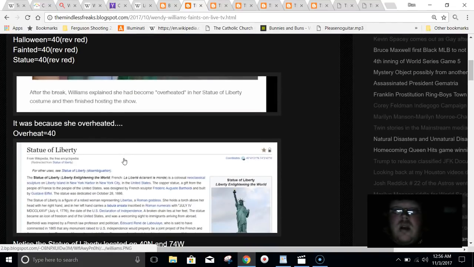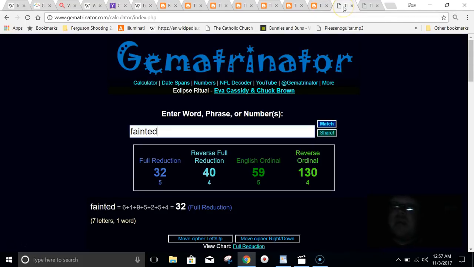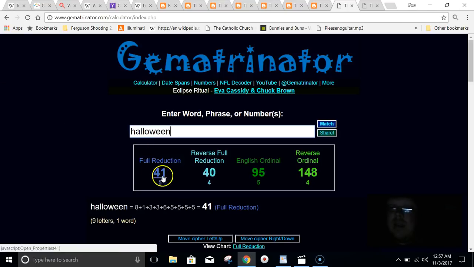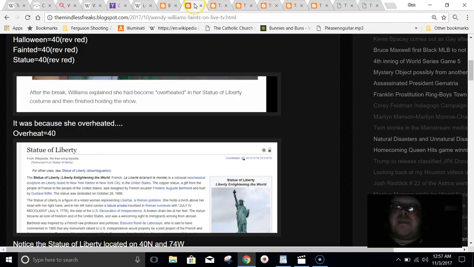And it also said, the article said that she fainted because she overheated. And if you just write out overheat in gematria, overheat equals 40 in gematria, also 41 in reverse, just like Halloween, the opposite of Halloween.